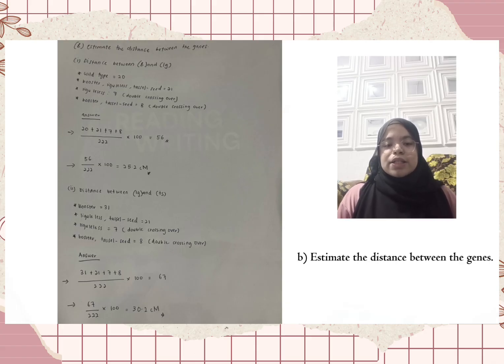So 67 over 222 multiplied by 100, and we get 30.2 centimorgans. Hence, the genetic map is B to LG equals 25.2 centimorgans and LG to TS equals 30.2 centimorgans.